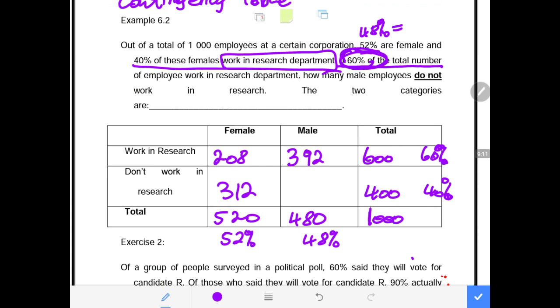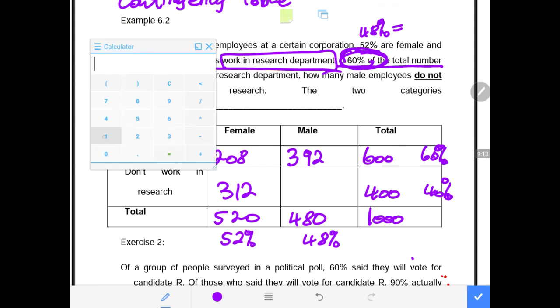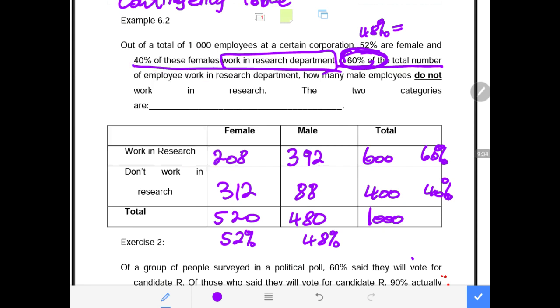So now we could have said again, out of the 1,000 that we have, we multiply this by 0.4, we get 400. Then after we say 400 minus 312, we get to see that we only have 88 employees who are male and they work in other departments, or they do not work in the research department.